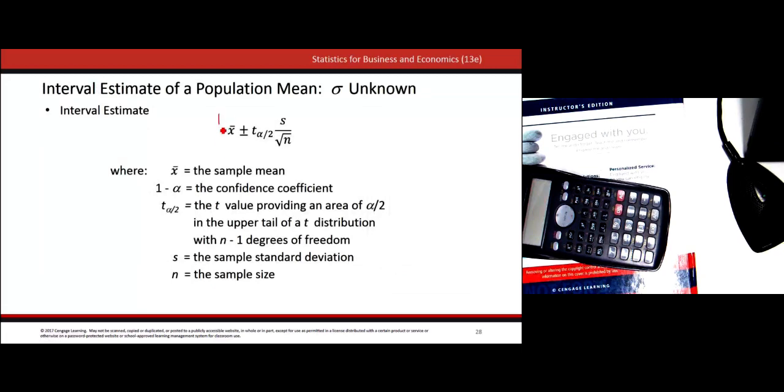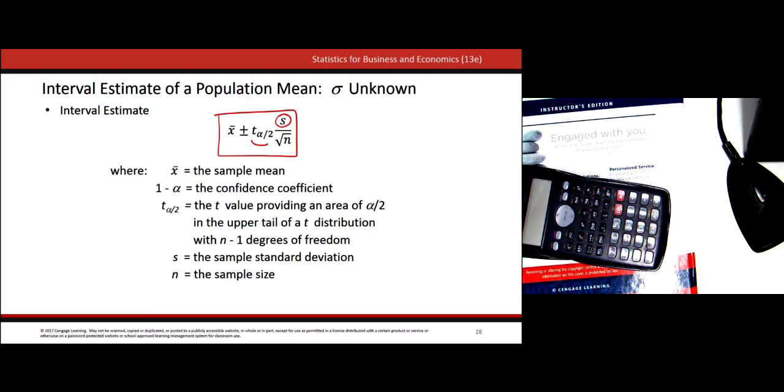So if sigma is unknown, the point estimate is x bar. Instead of sigma, we calculate the sample standard deviation to estimate sigma. Instead of z alpha over 2, now we use t alpha over 2 with n minus 1 degrees of freedom.